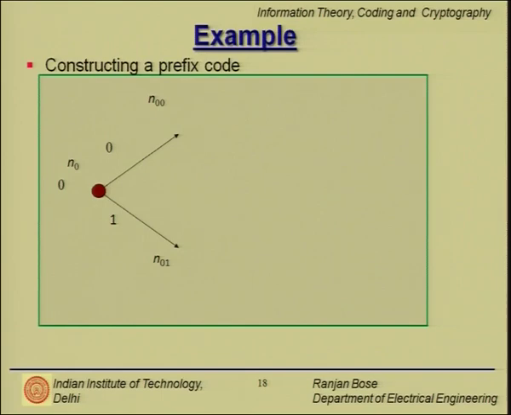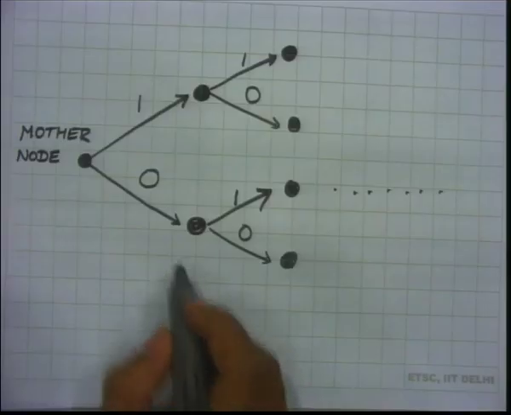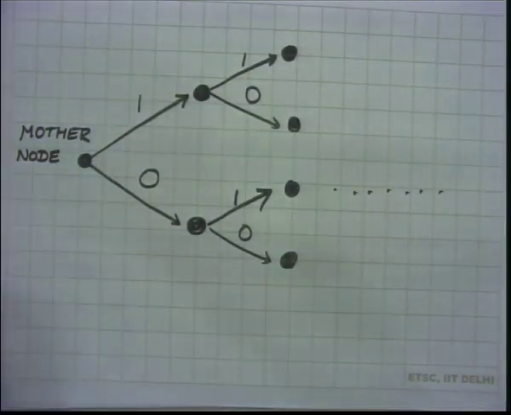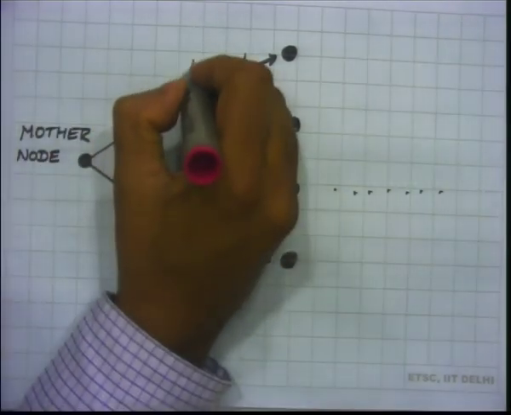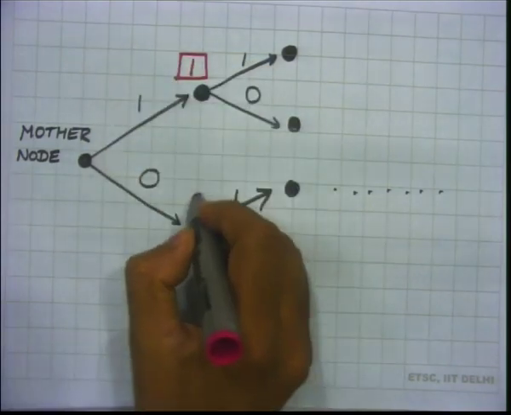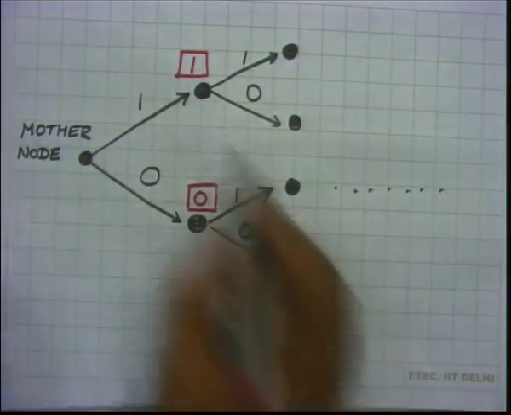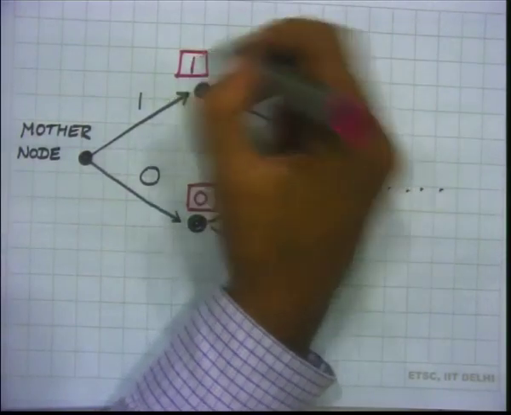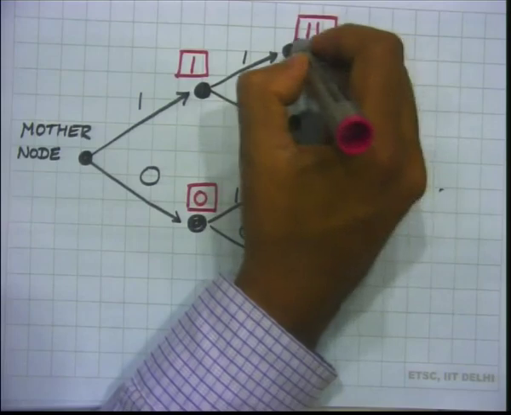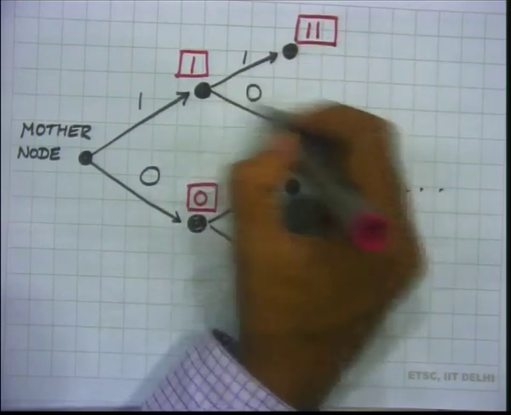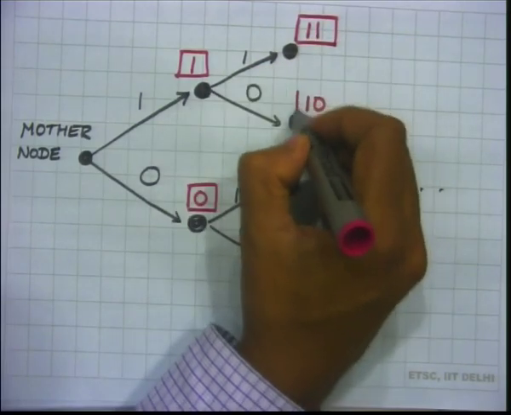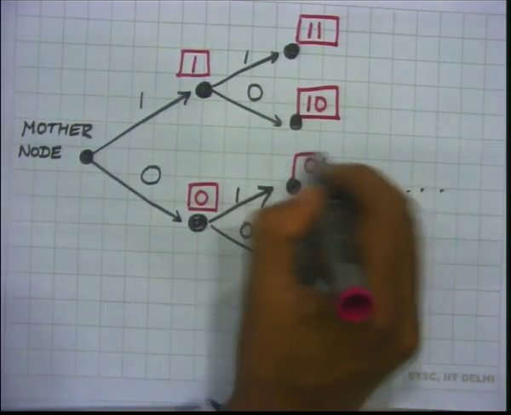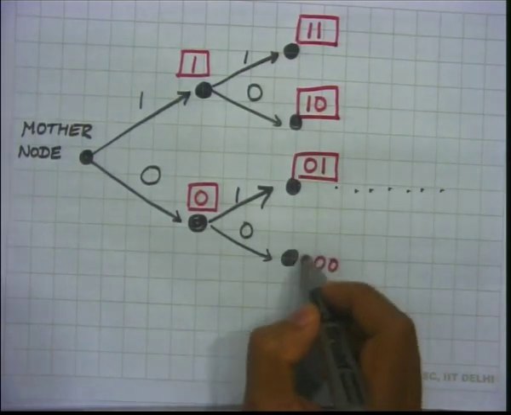But let us take this a little further. If we say this is 1 and this is 0, and then we go up here and we add 1 to this 1, we get 1 1. We can add a 0 because we went down, so we get 1 0, and then 0 1 and 0 0.